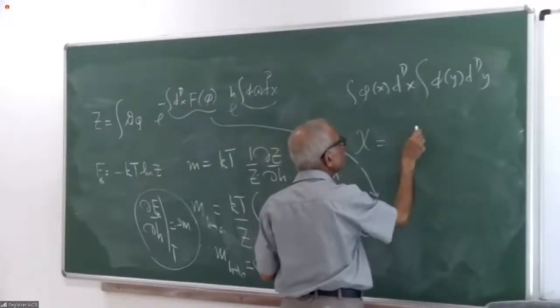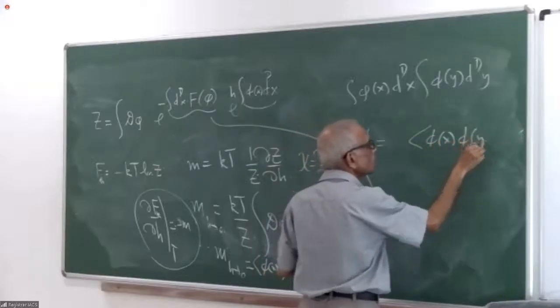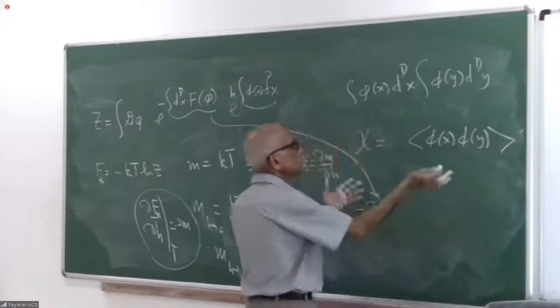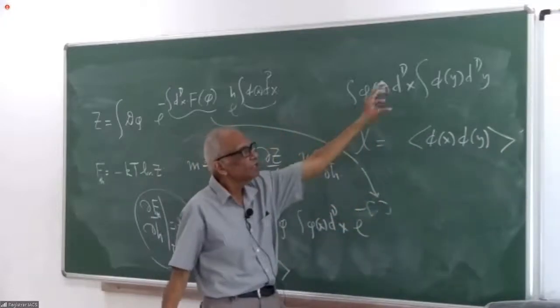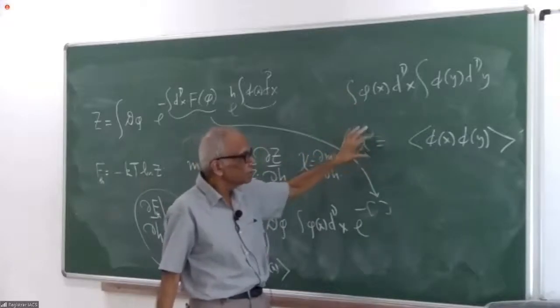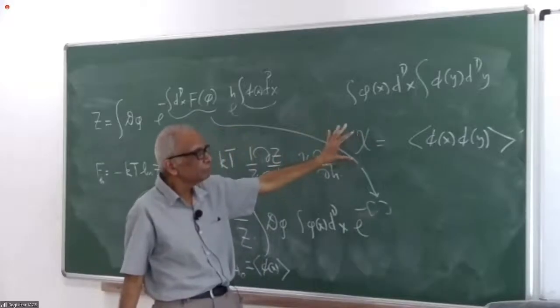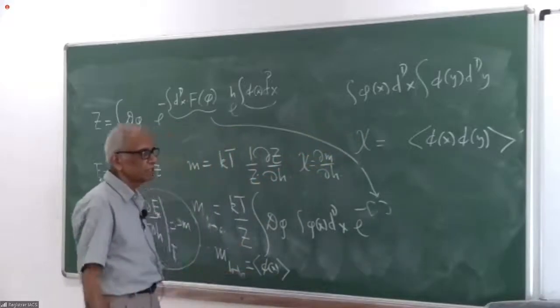What is important is that it is phi x, phi y. The volume which comes out of the center of mass would cancel out when you are interested in the susceptibility per unit volume, which is the thing of interest.